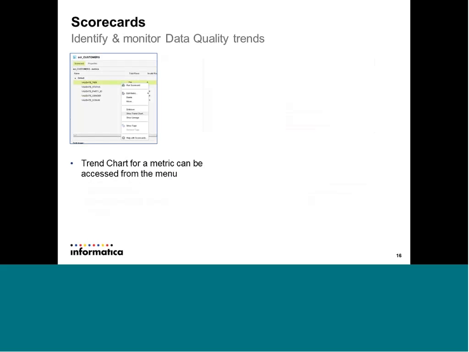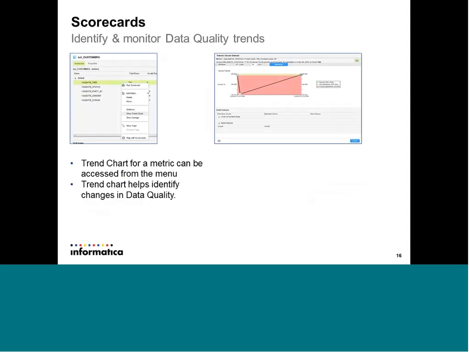And once you've actually created your scorecard, you can then look at a trend chart for metrics, which can be accessed from the menu. That will basically show us what the results of that particular rule have been over all of the times we've run that scorecard. You have different options here, so you can use all rows, or you can select the last X number of rows.